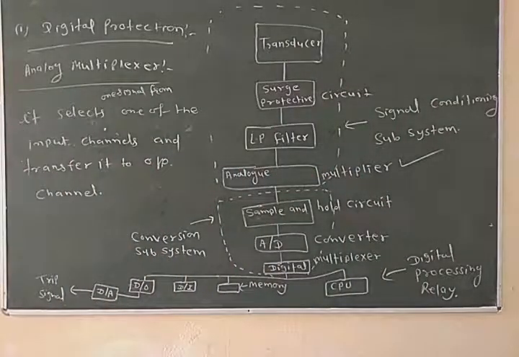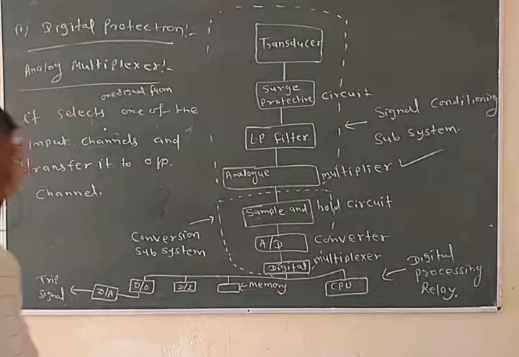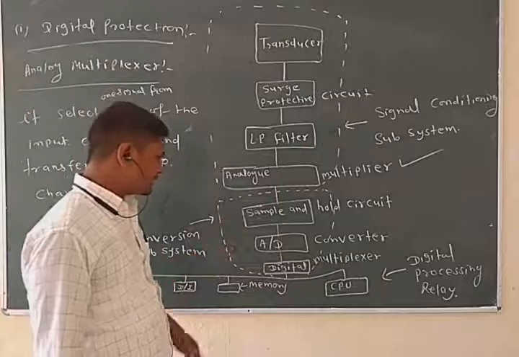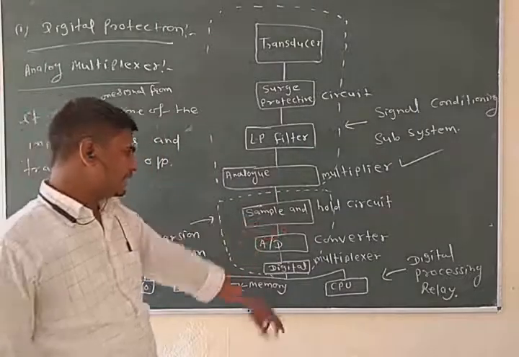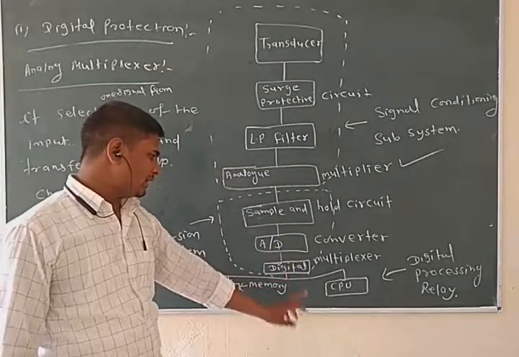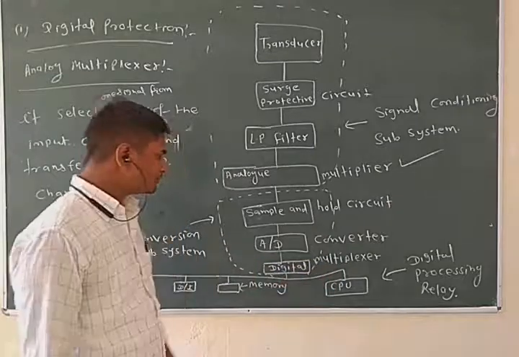Now the next part is the conversion subsystem. In the digital protection system, the conversion subsystem consists of the sample and hold circuit, analog to digital converter, and digital multiplexer.